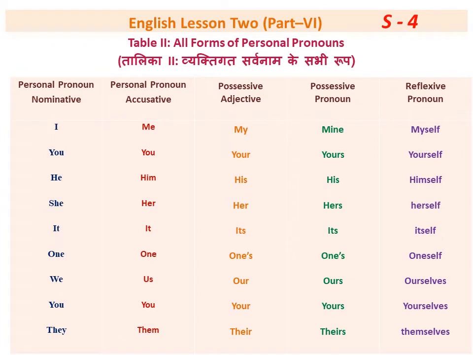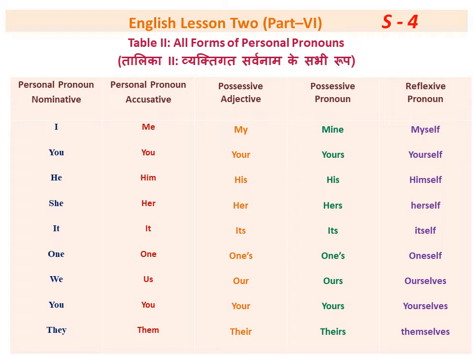Now friends, coming to slide 4, English lesson 2 part 6. Table 2 is given here, all forms of personal pronoun. तालिका 2, व्यक्तिगत सर्वनाम के सभी रूप. So friends, here are 5 columns.